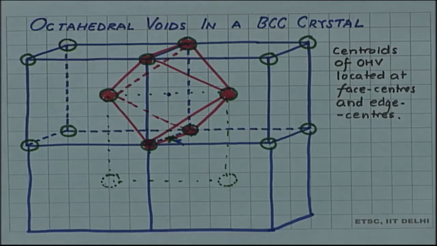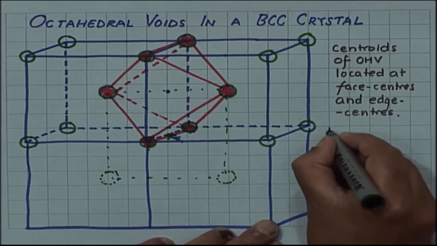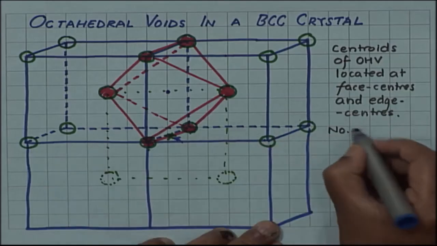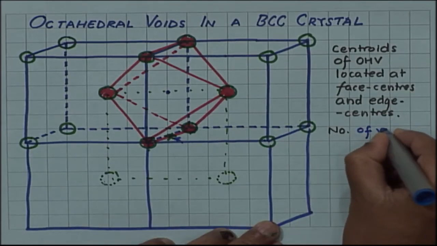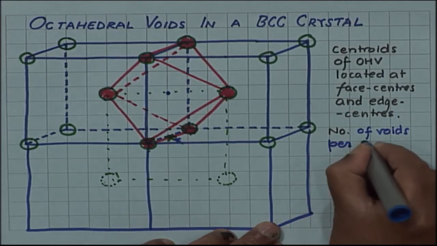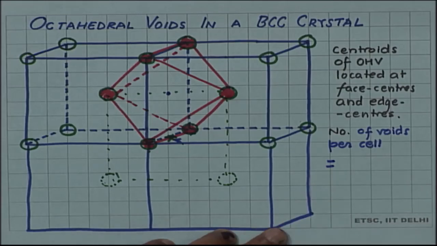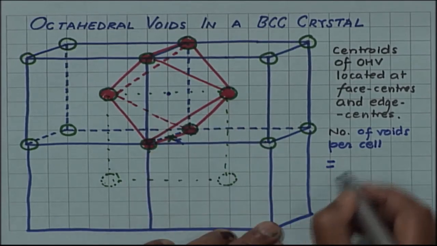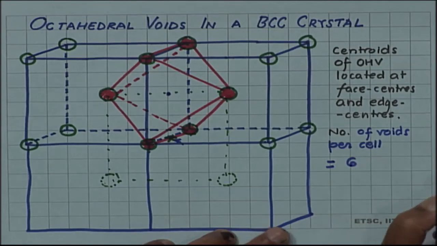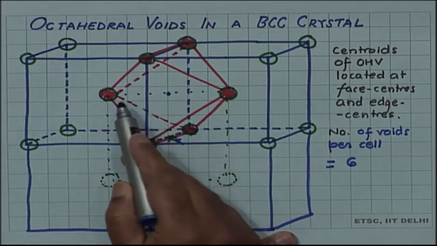So, this can then help us in calculating the number of octahedral voids. So, the number of voids per cell will be, since one is located at each face center and there are 6 faces, we get 6, but you can quickly see that these face centered ones are being shared by 2 cubes.